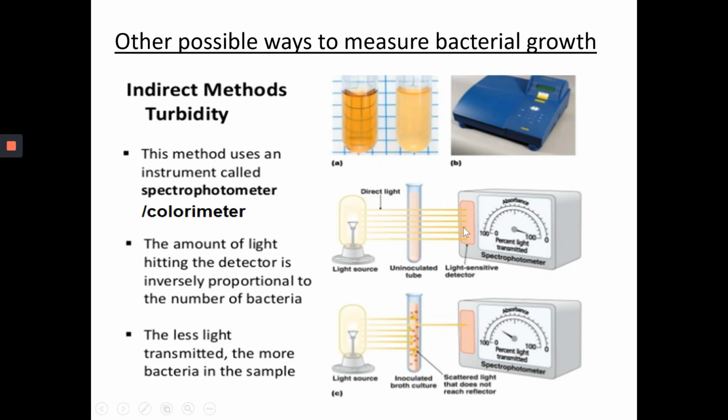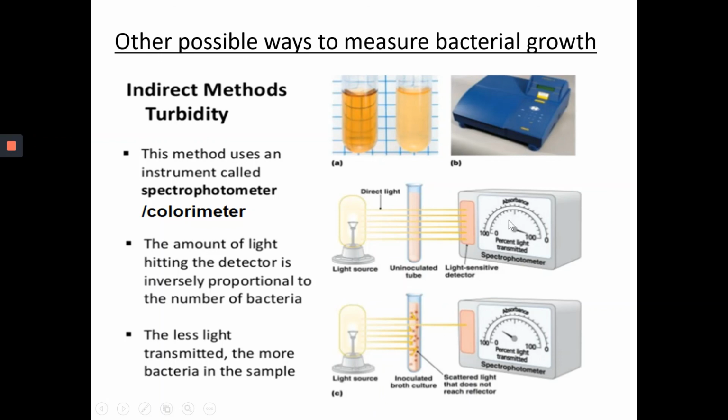If it's transparent, like the uninoculated tubes, which is just pure nutrient broth, most of the light can pass through, so the percentage of transmittance will be close to 100. Once you add the inoculated nutrient broth, with the bacteria causing cloudiness, not a lot of light can pass through, so the percentage of transmittance will decrease. That's the idea.